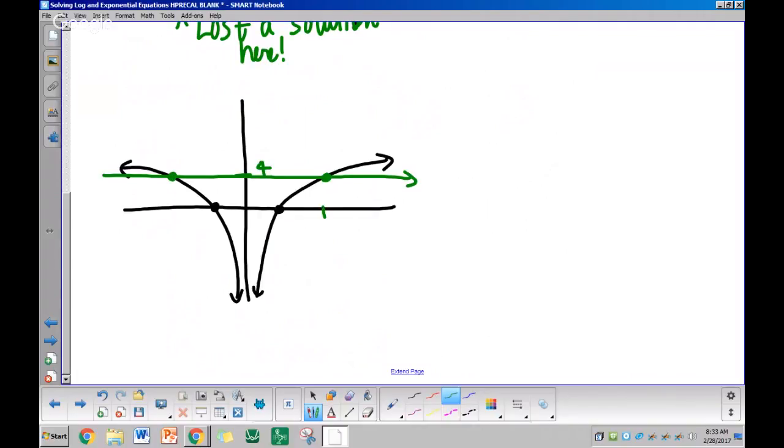Do you see how this is going to be e squared? And this one over here is going to be negative e squared.